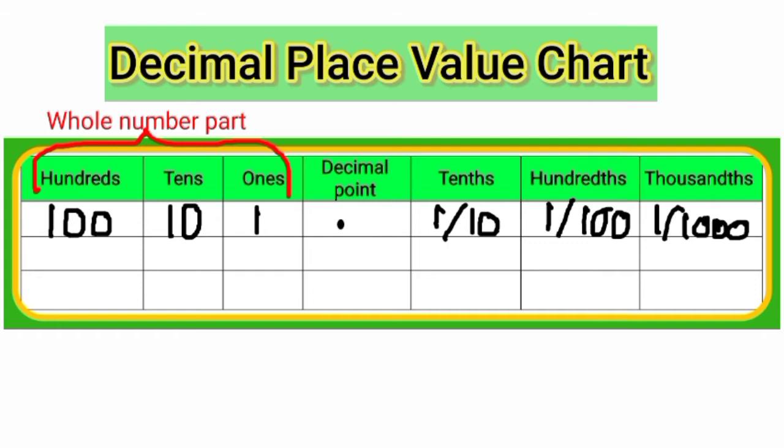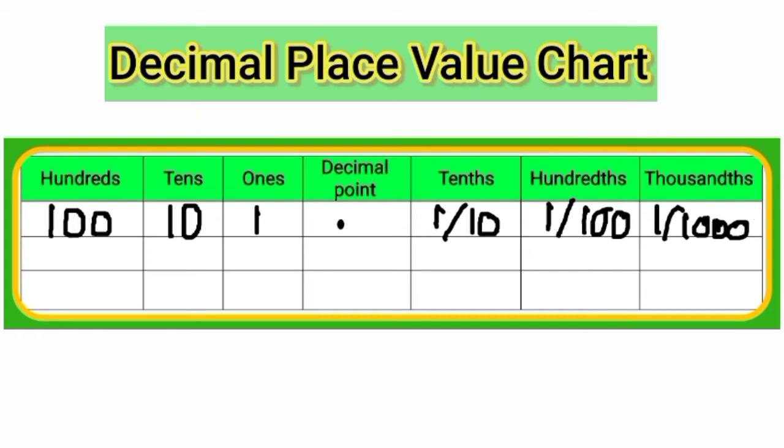Ones, tens, hundreds. Ones means 1, tens means 10, hundreds means 100, right? After the decimal there will be tenths. In these parts there will be THS at the end. Whenever THS comes, it means this part is after the decimal. Okay, so tenths means 1/10, hundredths means 1/100, thousandths means 1/1000.